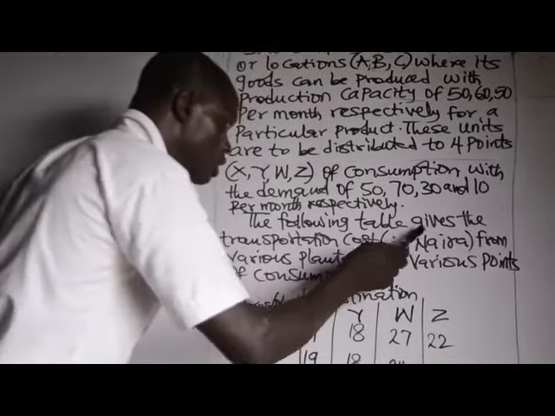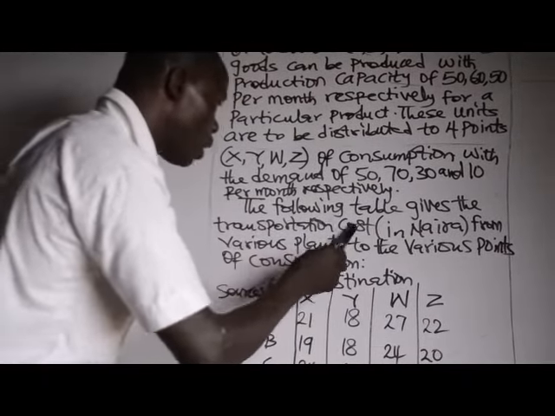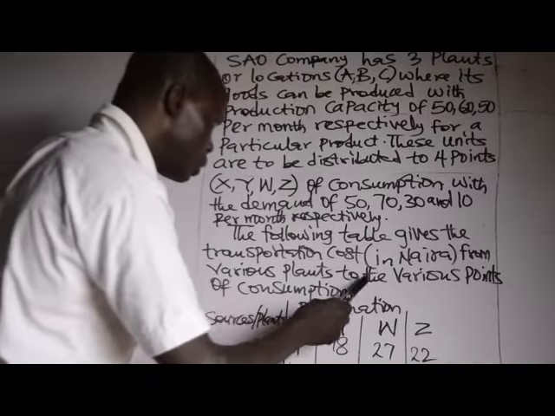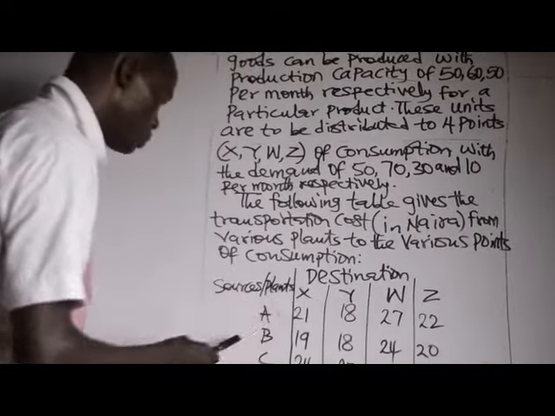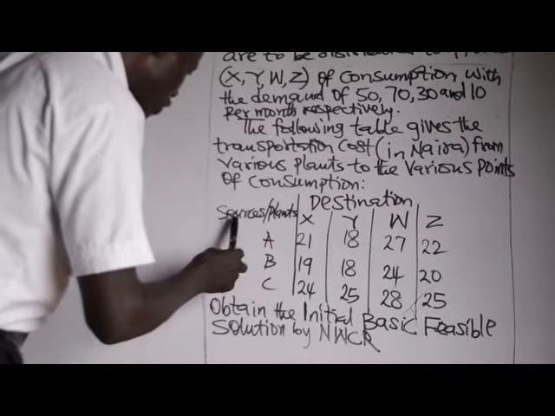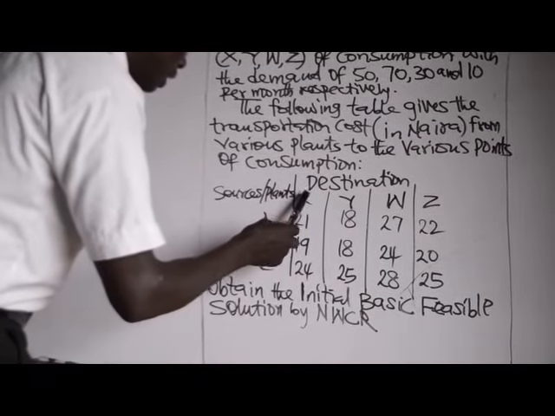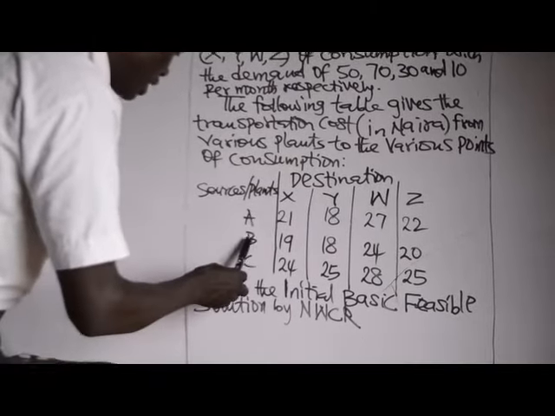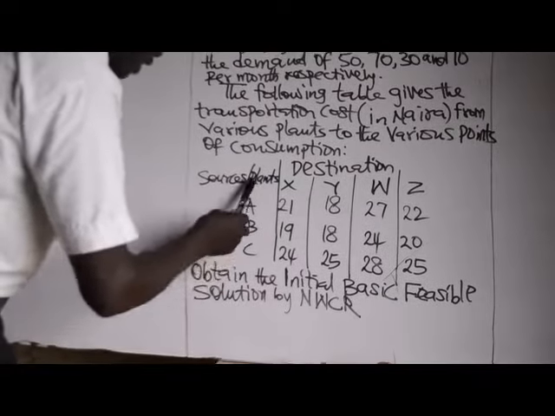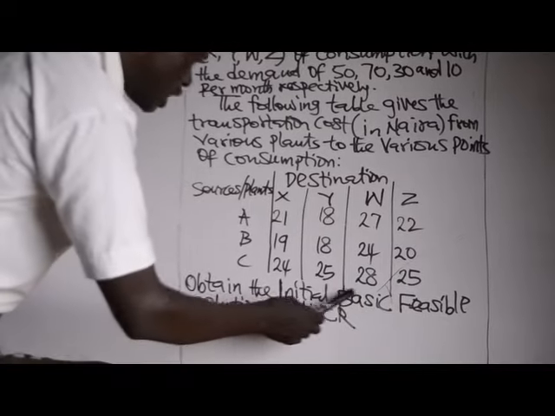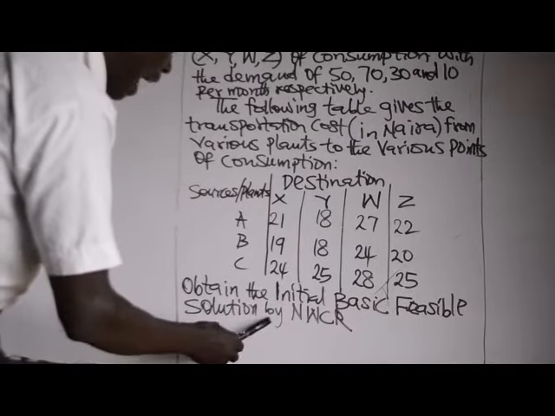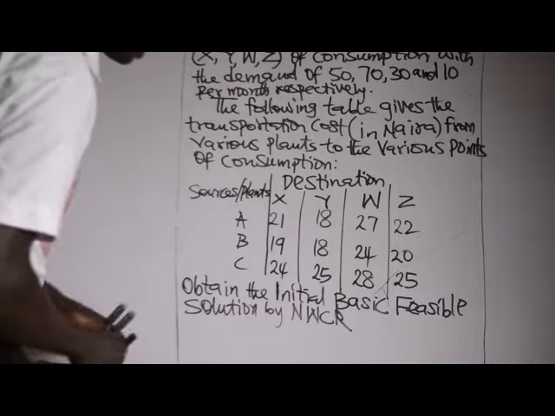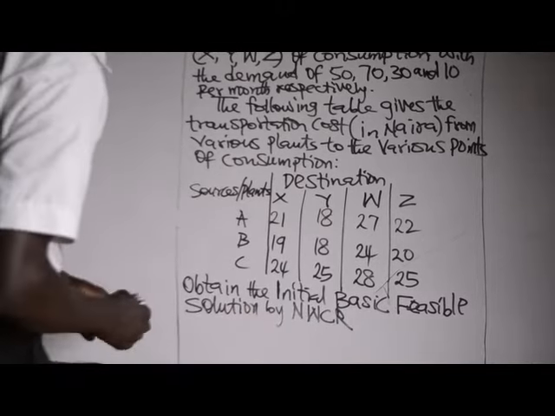The following table gives the transportation cost in naira from the various plants to the various points of consumption. They are given sources, the plants A, B, C, and destinations X, Y, W and Z. You are to obtain the initial basic feasible solution by northwest corner rule, NWCR. So now let's have the solution.